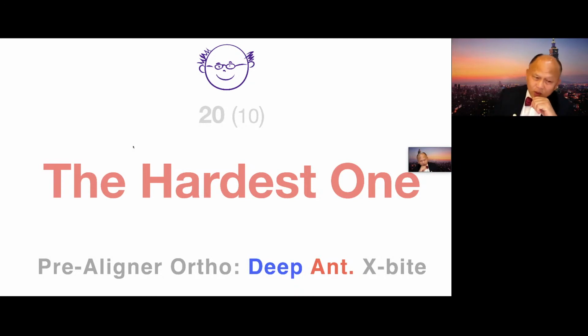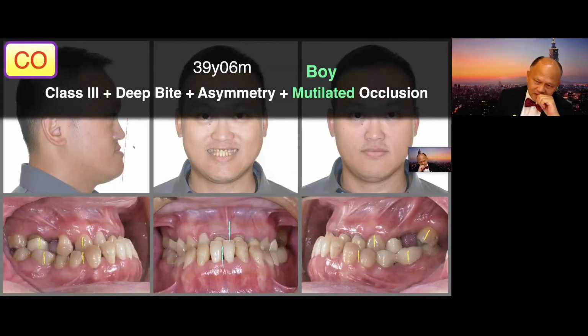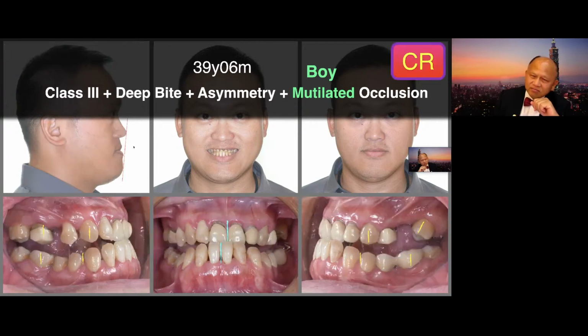Hardest one. Oh, this one is very difficult. Class 3, deep bite, asymmetry, multi-day occlusion. The trouble is, he is a boy. Normally, I don't fix multi-day boys.